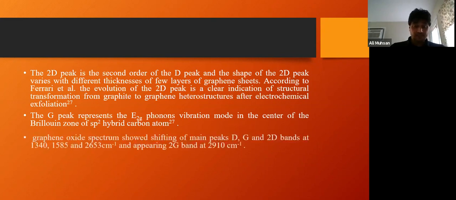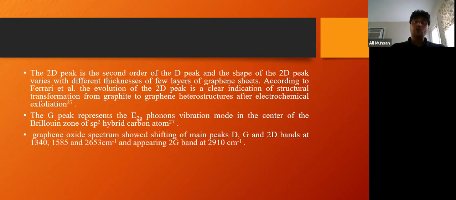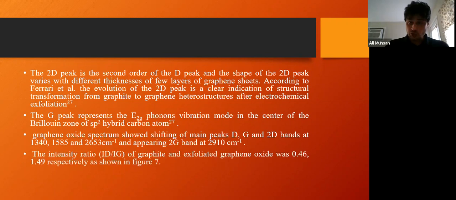The graphene oxide spectrum shows shifting of the main G and 2D peaks and a new band appearing at 2910 cm^-1 because of the exfoliation process. The intensity ratio of ID to IG of graphite and exfoliated graphene oxide was 0.46 and 1.49, respectively.